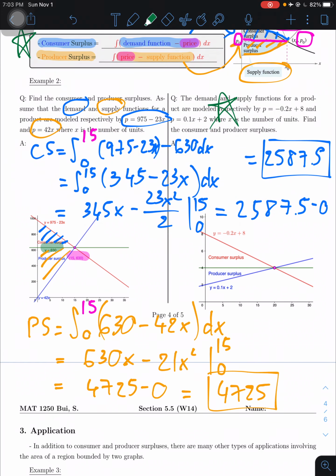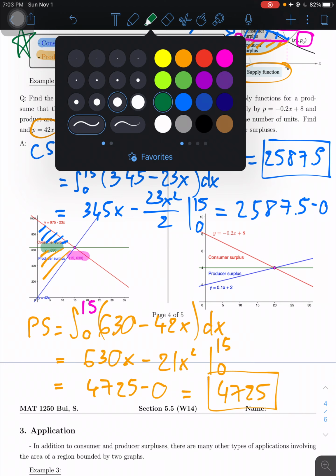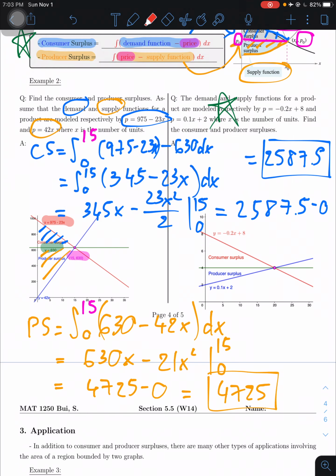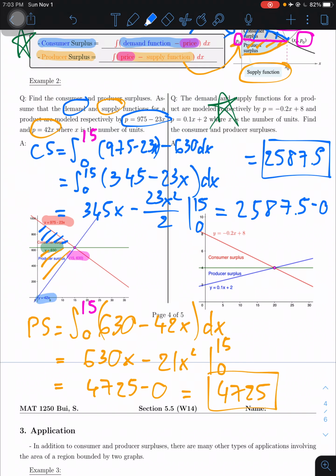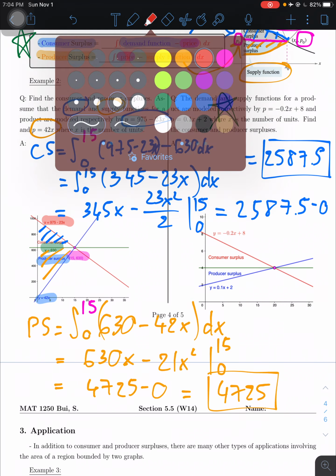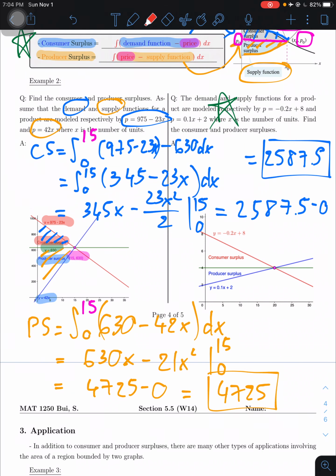Make sure you have them labeled, and definitely label the supply function and also the demand function, and label the names producer surplus and consumer surplus. That is all that I expect to see in a graph in the final, if you have it.